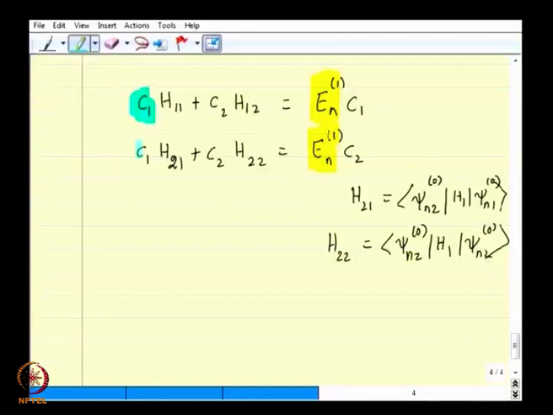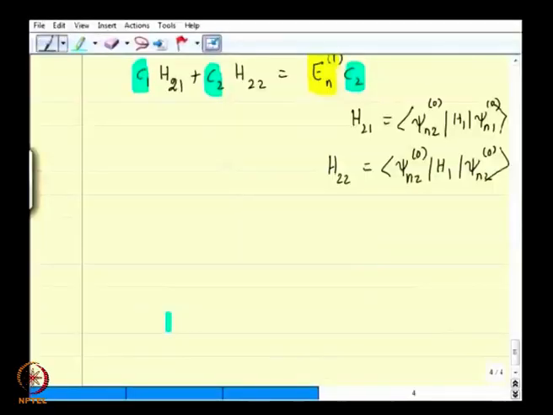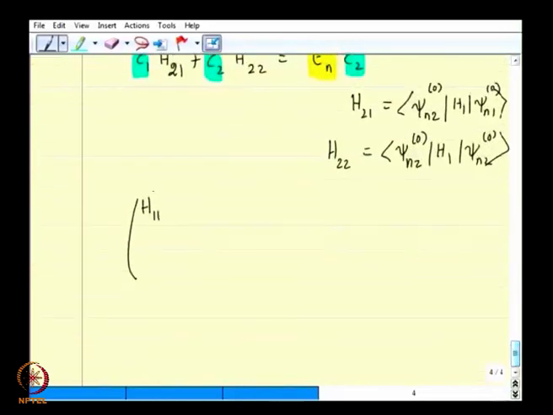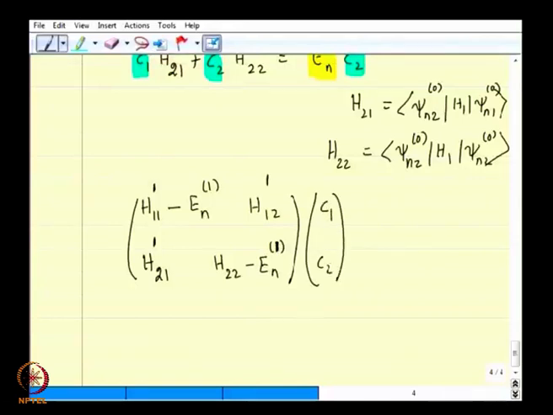You can see immediately that if you bring it to the left hand side, you have a pair of homogeneous linear equations in C1 and C2, namely: H11 minus En1, H12, H21, H22 minus En1, times C1, C2 is equal to 0. We use a superscript 1 here, since this is for the perturbing Hamiltonian, so that is important.